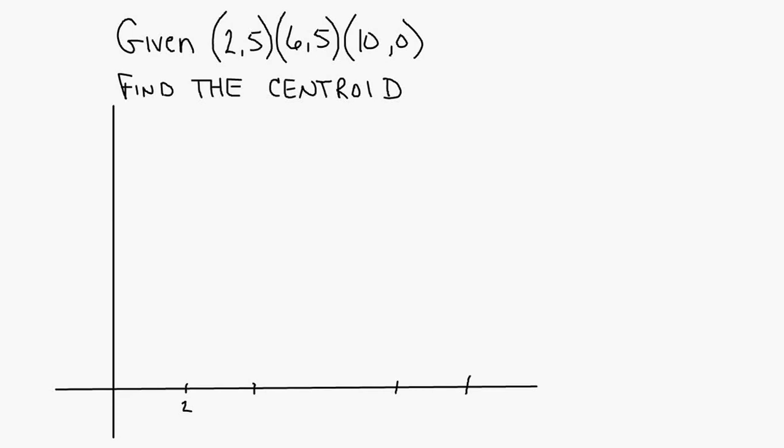So 2, and then we go 1, 2, 3, 4, 5. So 2, 5 right here. Where's 6, 5? Oh, this will be an easy one. And 10, 0. This is 10 and 0. All right, so connect them.